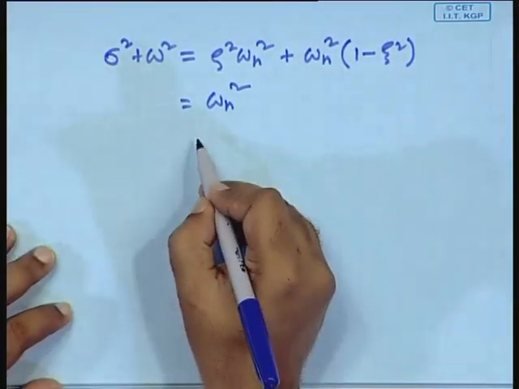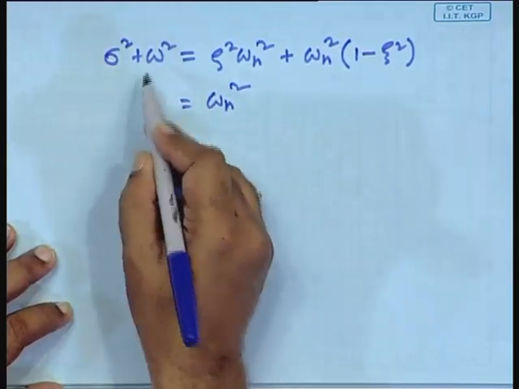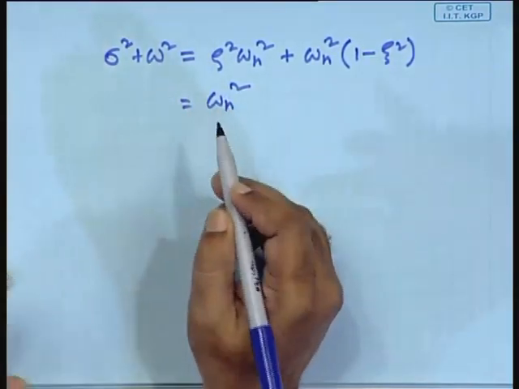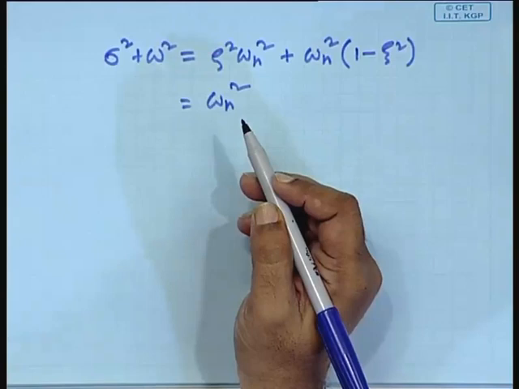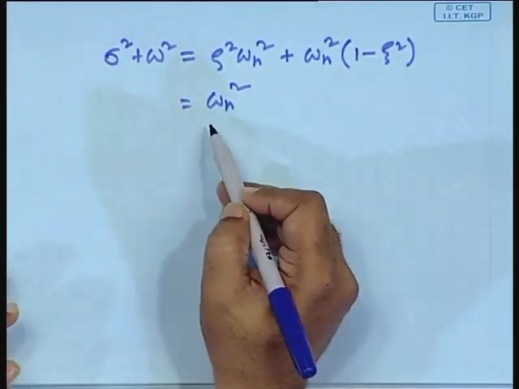The point is that in that case this square and that square is this, which means it is the Pythagoras equation.